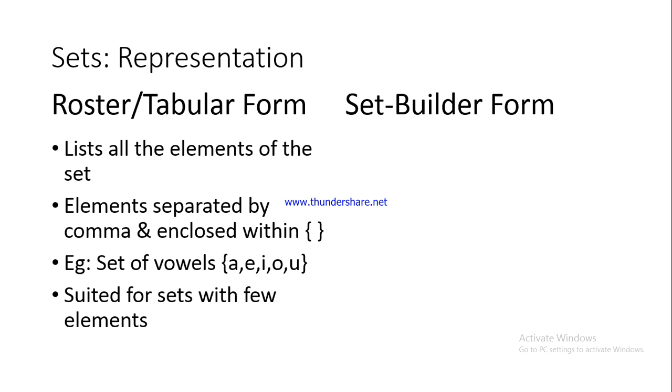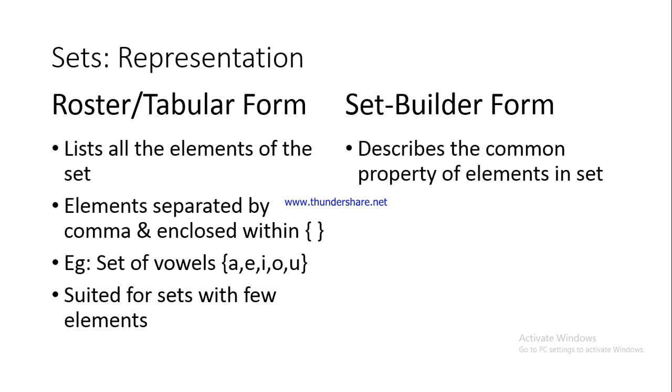But if there is a large number of elements, say 100 elements, 200, or maybe an infinite number of elements, then the representation form that you will be using is the set builder form. Now what is the set builder form? It basically describes the common property of elements in a set.